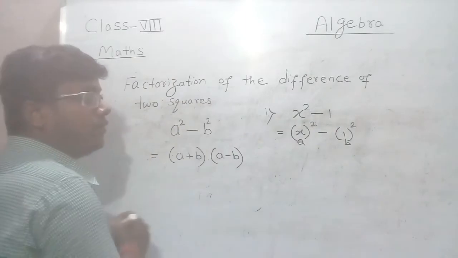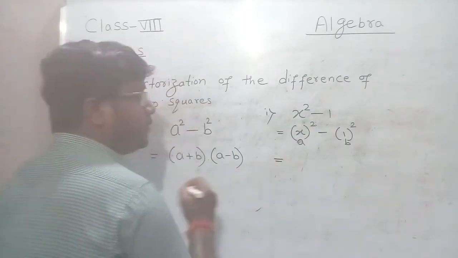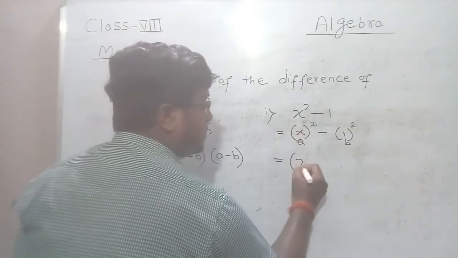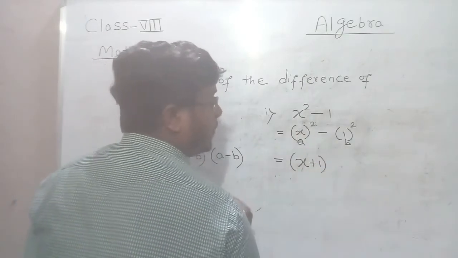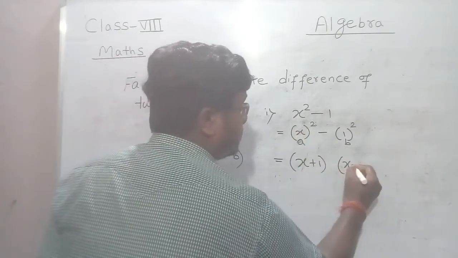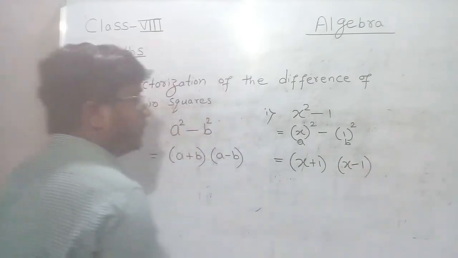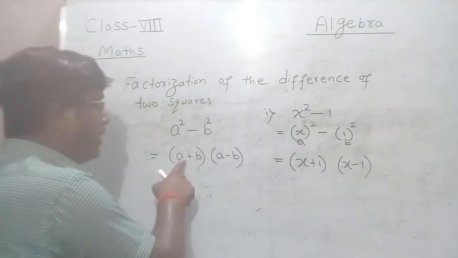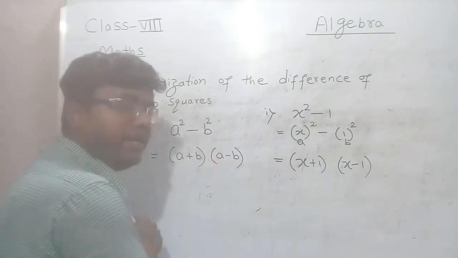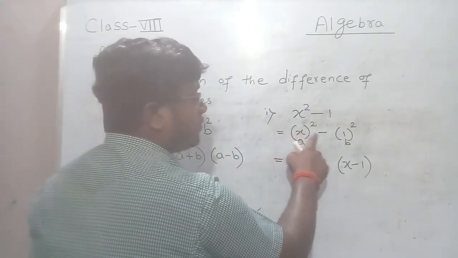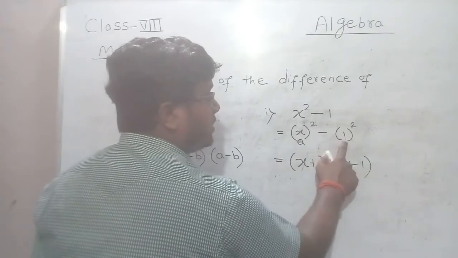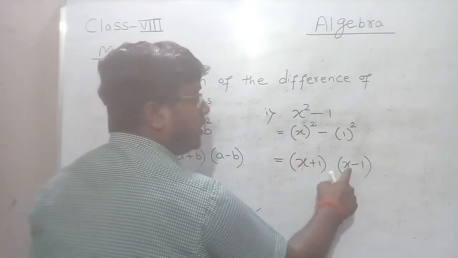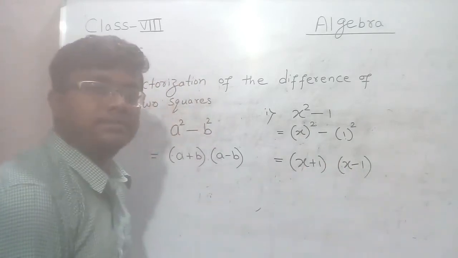Then a plus b means x plus 1, and the other is x minus 1. Similarly, a square minus b square gives a plus b, a minus b, so x square minus 1 square gives x plus 1, x minus 1.